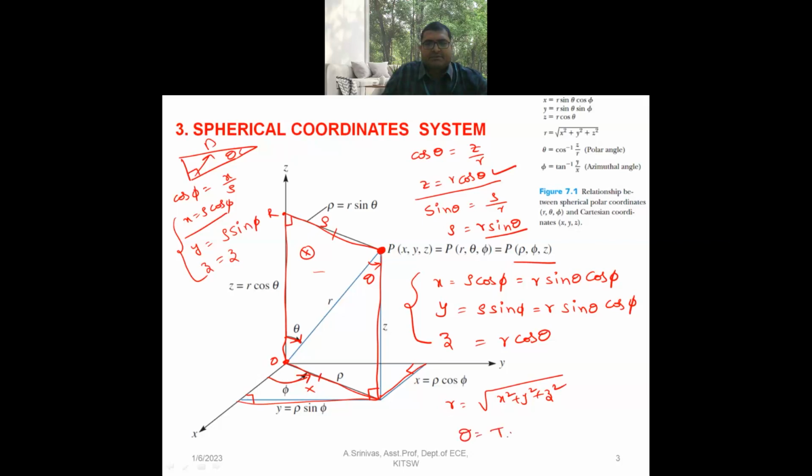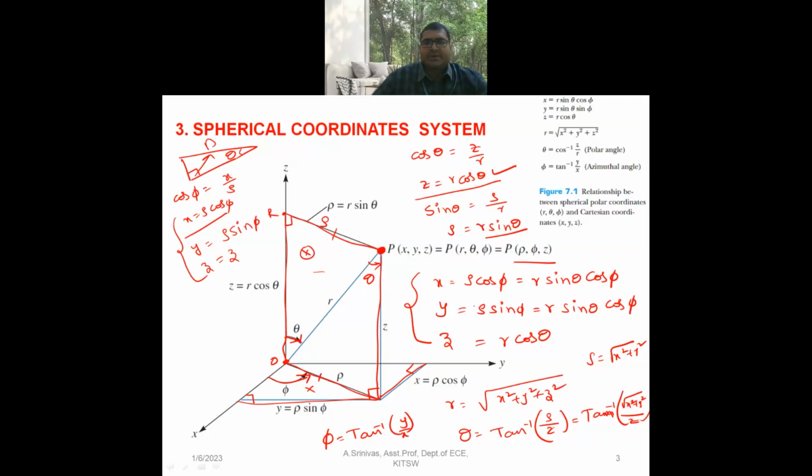Theta is equal to tan inverse of rho by z, which is also equal to tan inverse of root of x square plus y square by z, where the value of rho is equal to root of x square plus y square. And regarding phi, it is equal to tan inverse of y by x.